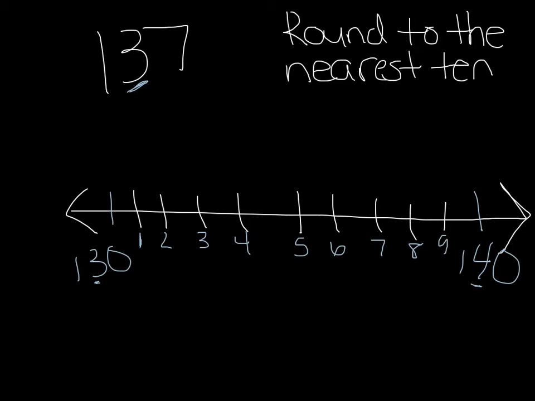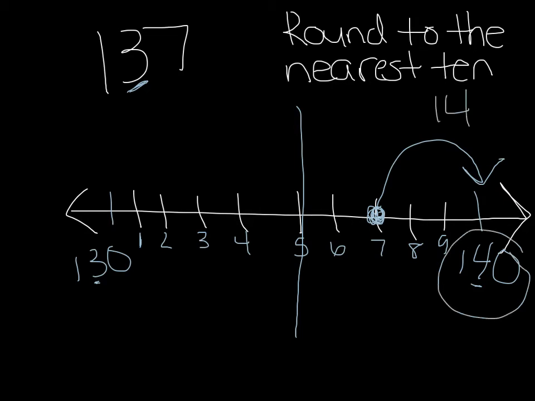Okay, so this is really 131, 132, 133, 134, 135, 136, okay? So we're going to plot at 137. This is our middle. All right, so 137 is clearly closer to 140. So 137 rounded to the nearest 10 is 140.